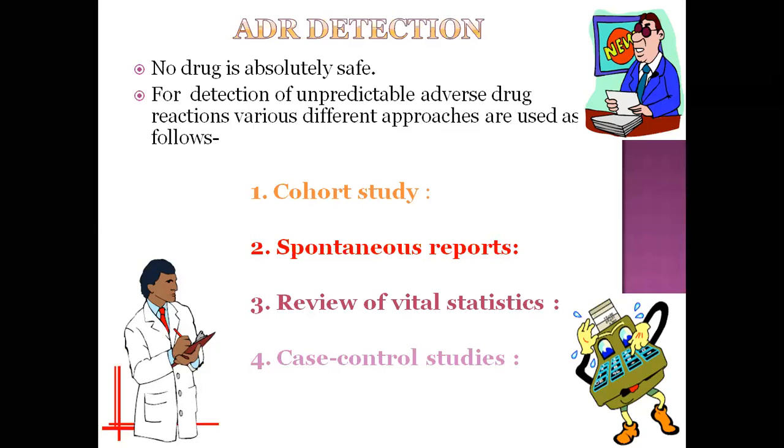So these are the different approaches where you have to detect the ADR before entering into the market. As per your syllabus, you have to study ADR detection, types of drug interactions, types of adverse reactions, predictable and unpredictable, and classification of ADRs. Predictable are classified into three, unpredictable again into three.